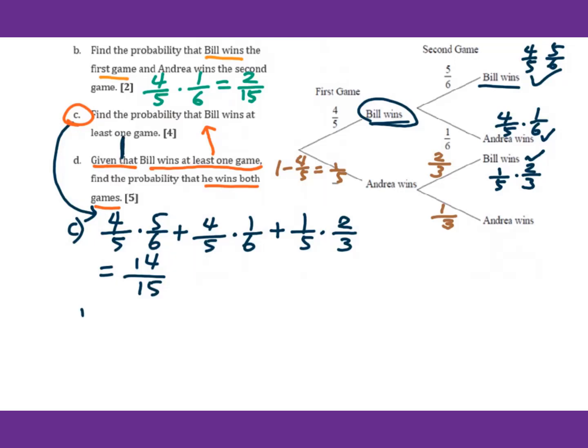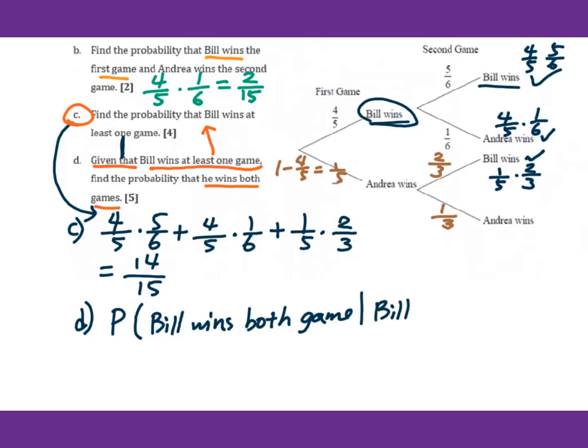So we have the probability Bill wins both games and Bill wins at least 1 game. This bar means a division line.